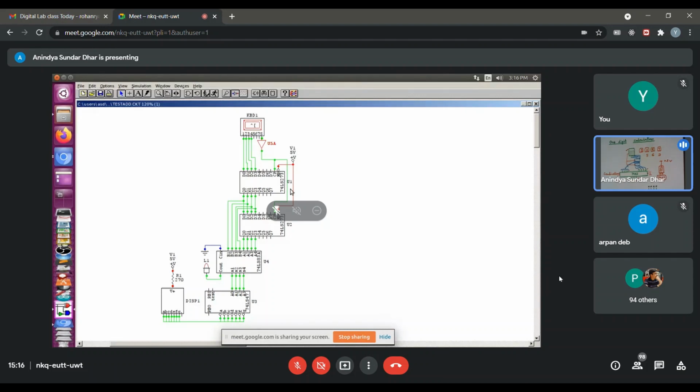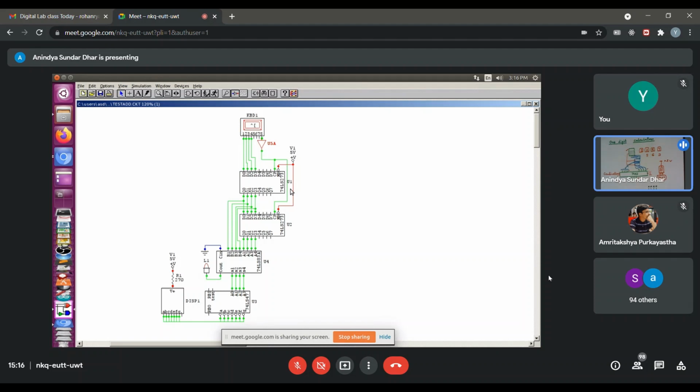I have used 2 of them, and exactly the way I was telling you, I have connected the first 4 bits to the first IC, so-called U1, Unit 1. I think the name is given by the simulator whenever I place it. I think it's 8 bits. Right, you are very correct. Just by looking at it, you can find D0 to D7, and outputs are also Q0 to Q7, so it's basically an 8-bit register.